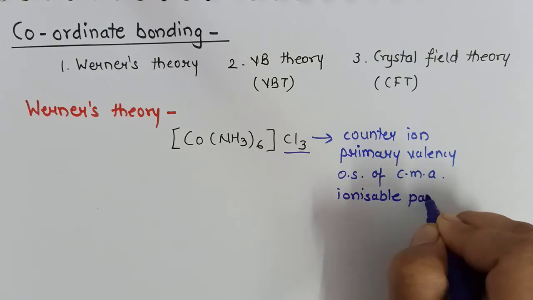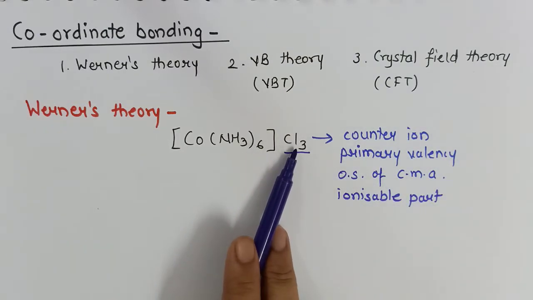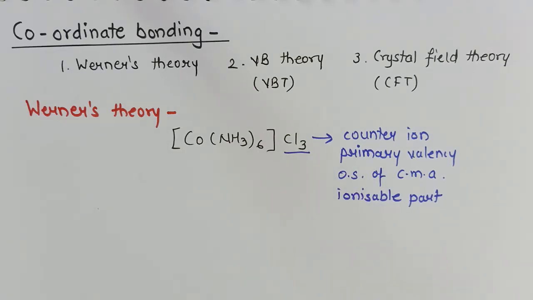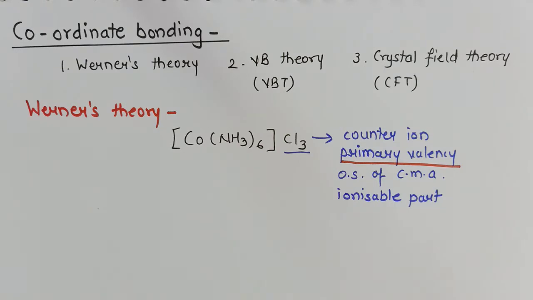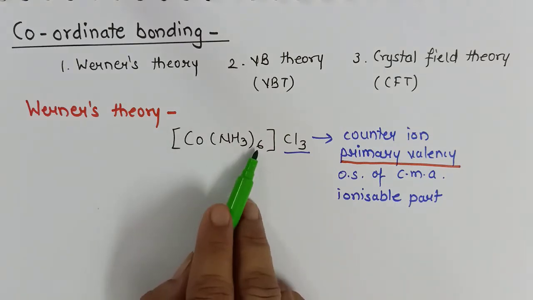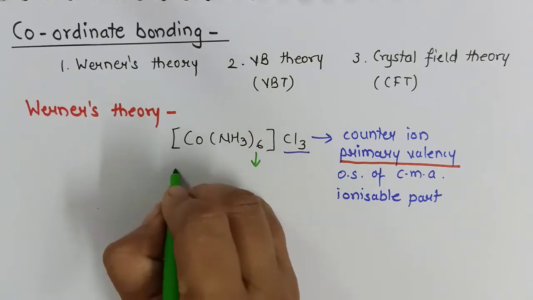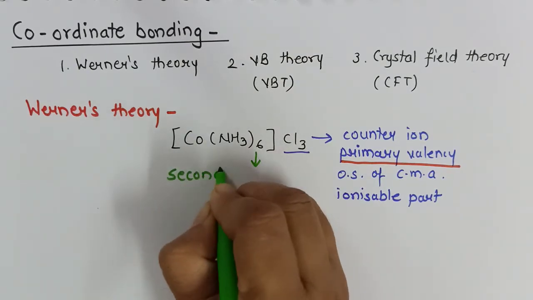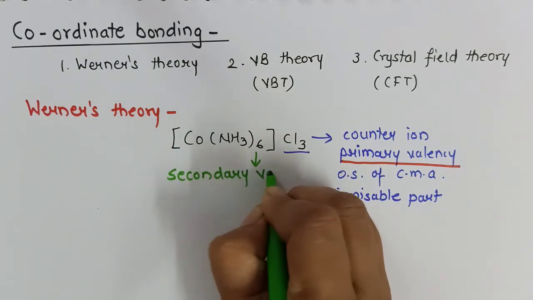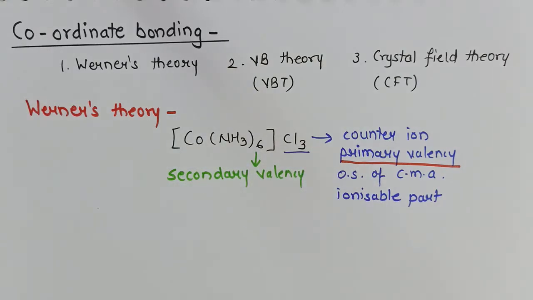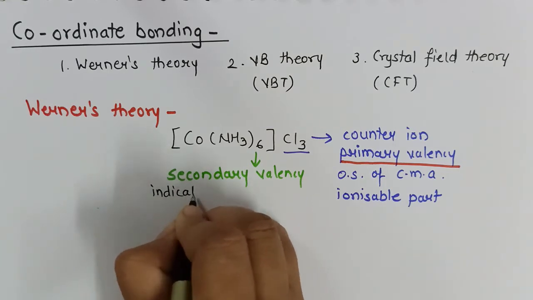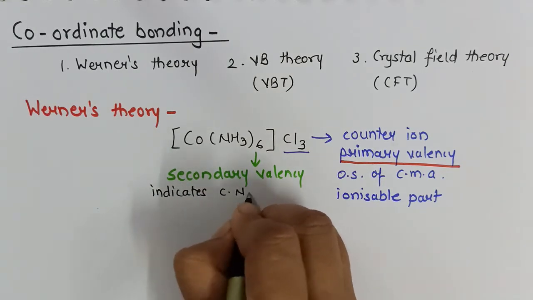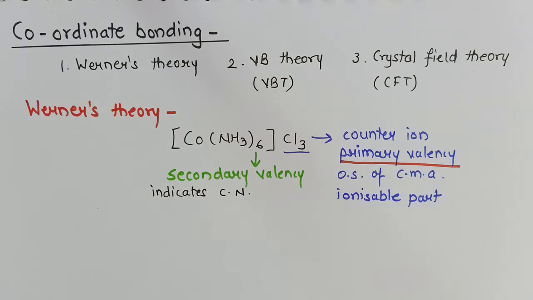You have to be very careful with the numbers. The number which is indicated outside the coordinate sphere indicates primary valency. Whereas the number which is inside the coordinate sphere indicates secondary valency. Now the secondary valency indicates the coordination number of the complex.